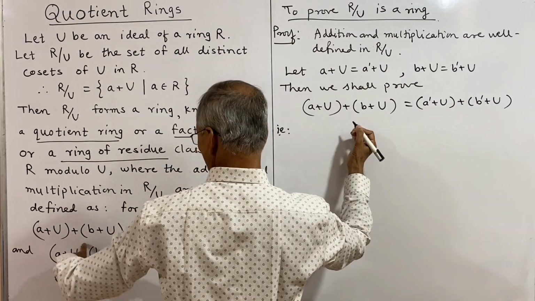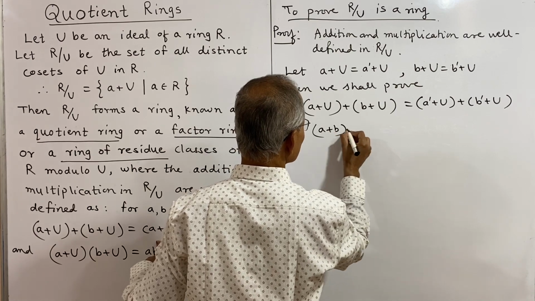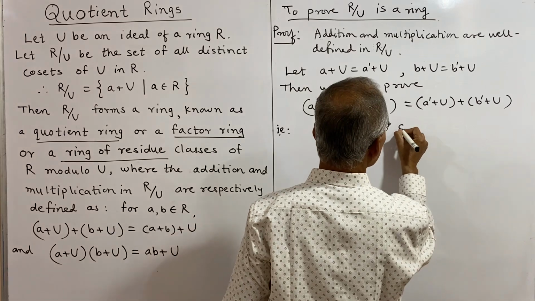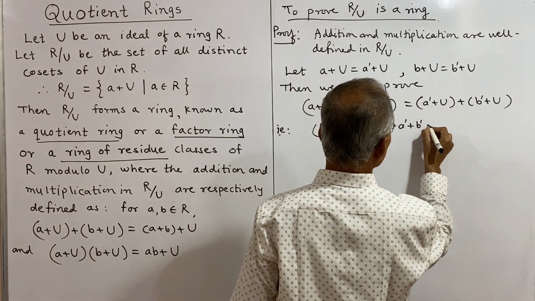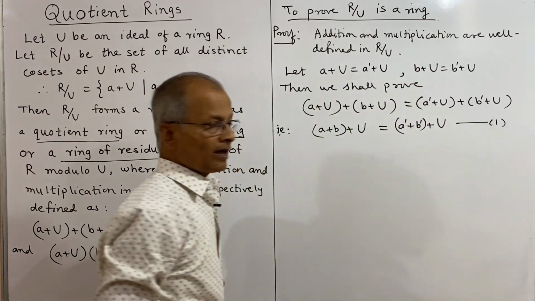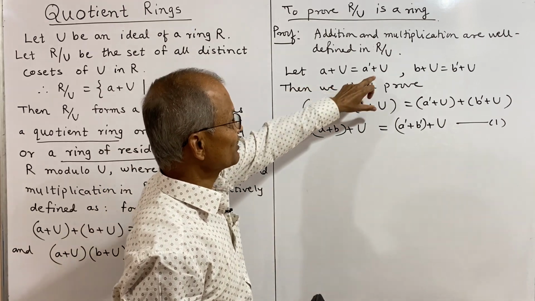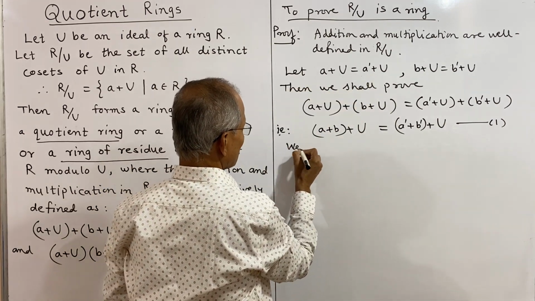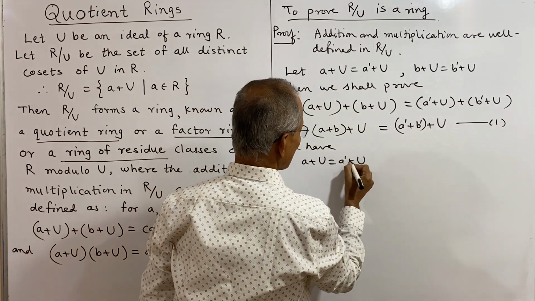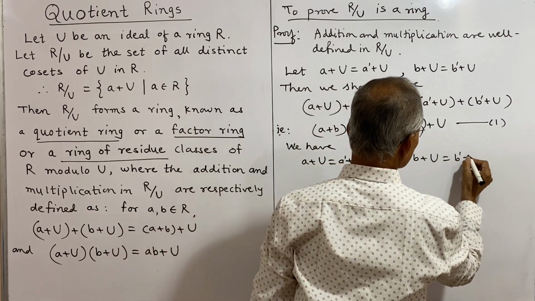By definition, this is (a plus b) plus U, and according to this definition it will be (a' plus b') plus U. This is to be checked, and we shall call this 1. Now what we have is a plus U is equal to a' plus U, and b plus U is equal to b' plus U.